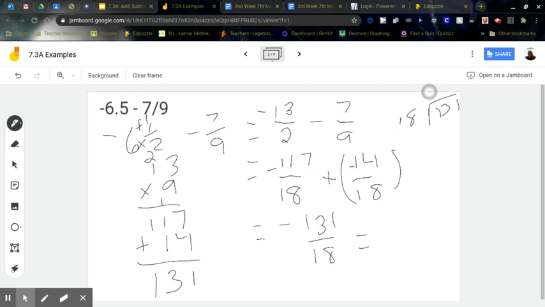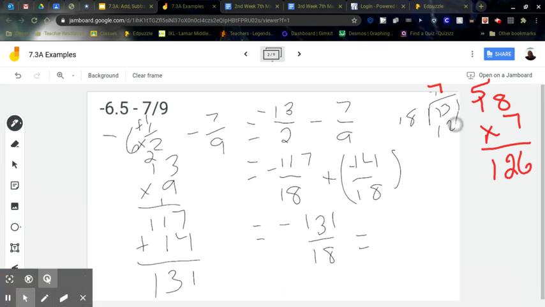It ends up being 7 because 18 times 7, 56. 7, 8, 12. That gives me 126.